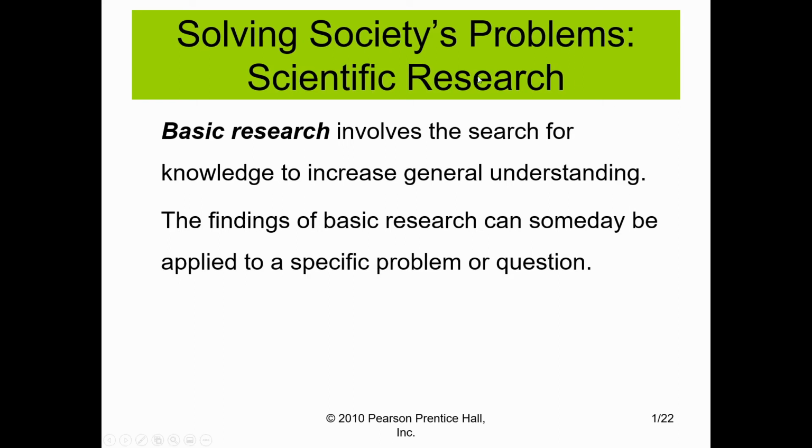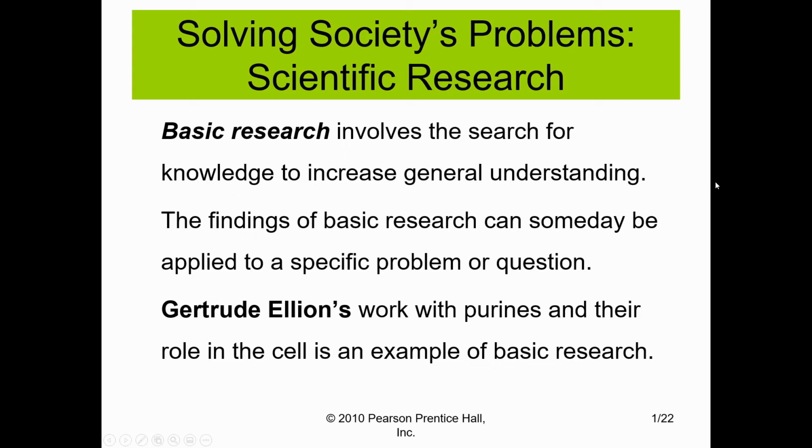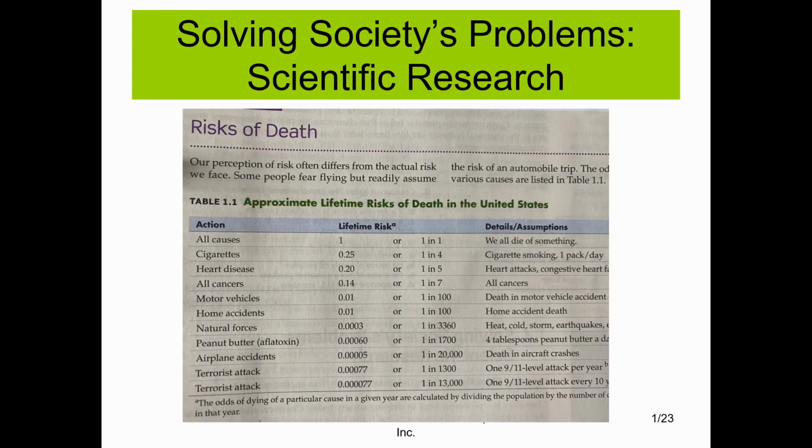For example, Gertrude Elion's work with purines and their role in cells is an example of basic research. She discovered more about these compounds and how they worked within the cells, and this research can then be used later for more involved research and as potential therapies.